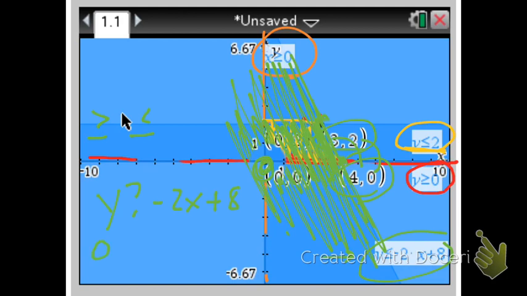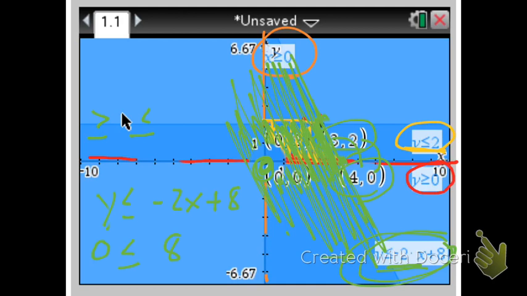If I plug in 0, I get 0 blank 8. Now I want 0 to be a solution of that, so I want this to be true, which means I want this sign to be a less than or equal to sign, because 0 is less than 8. So y is less than or equal to negative 2x plus 8.